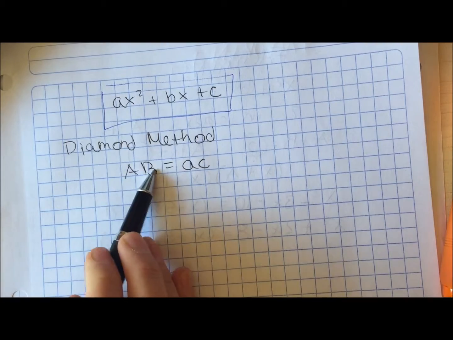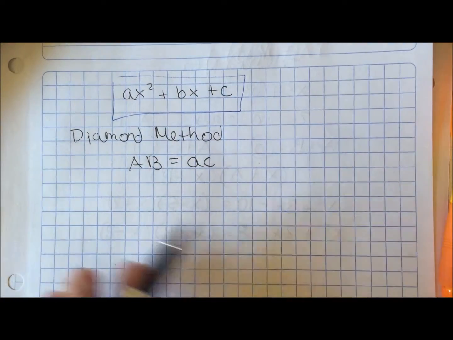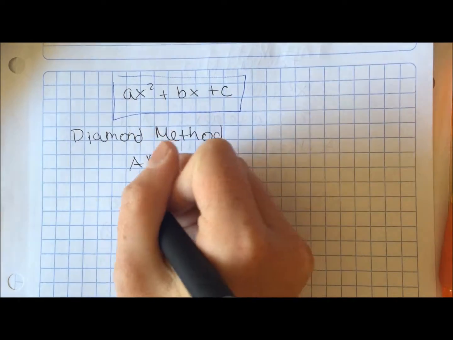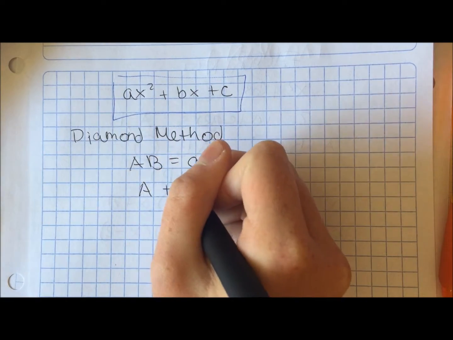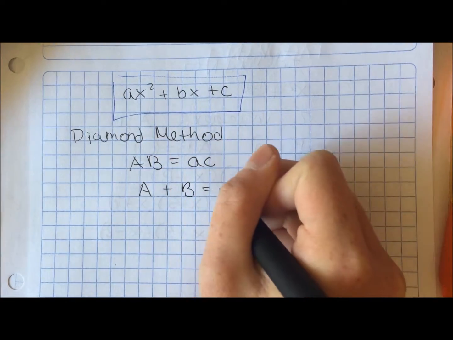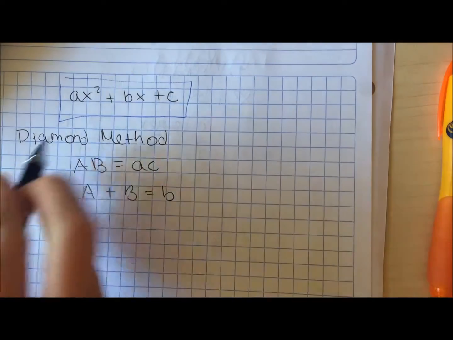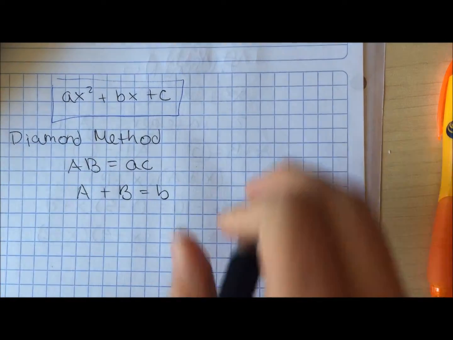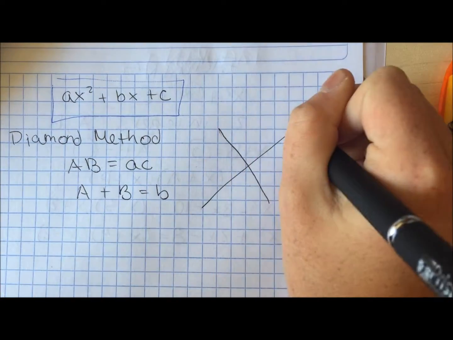We will continue using a and b as the terms we need to find, and their sum would give us b. It's called the diamond method because we can organize it like this.